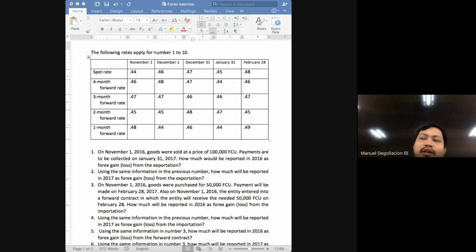And the bigger issue here, which would be highlighted in most problems, is a scenario wherein in between the date of delivery and the date of payment is the end of the reporting period, the end of the year.